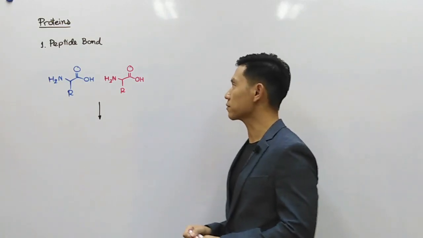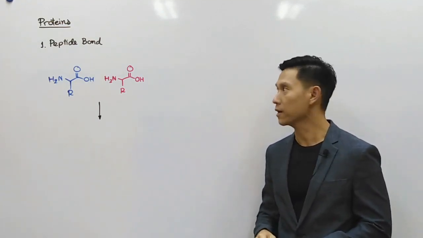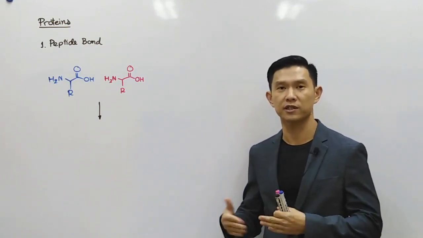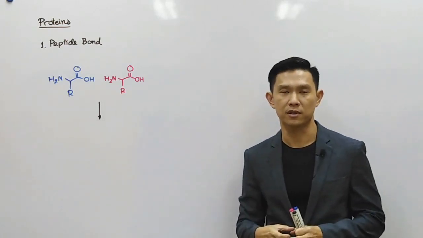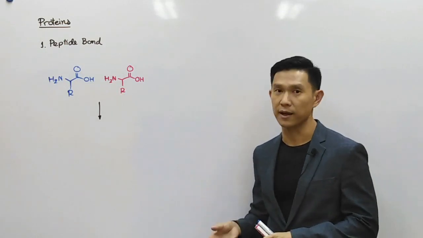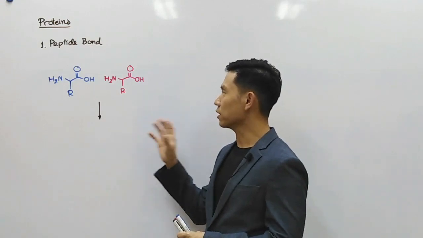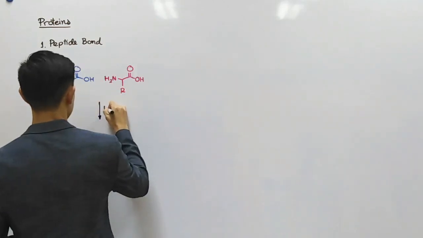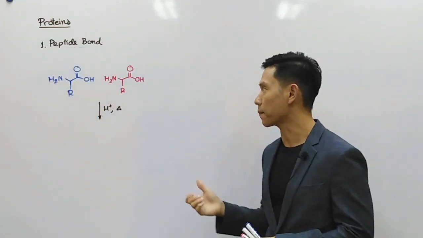So if I'm starting from two types of amino acids, the blue one and the pink one, you know that the carboxylic acid can condense with the amino group, making an amide bond as a product. So we have an amide as a new functionality. In a chemical process, we can do it quite straightforwardly by adding acid as a catalyst and then heating it up.